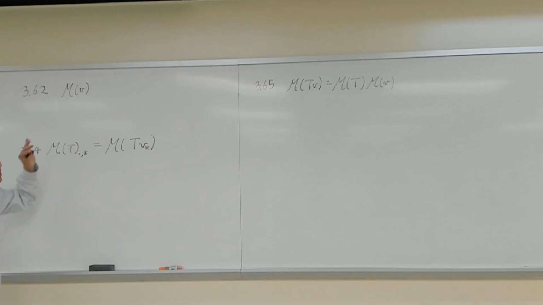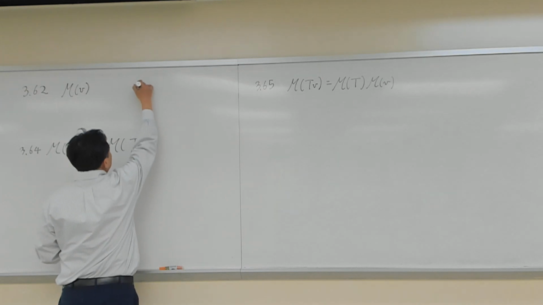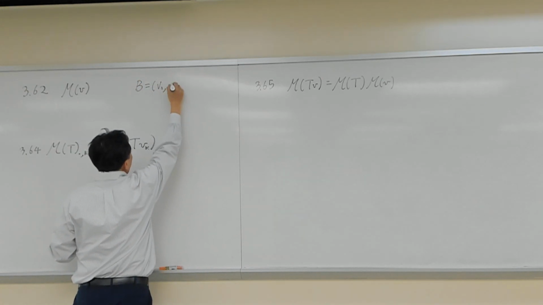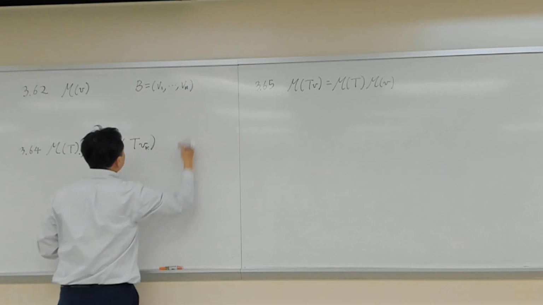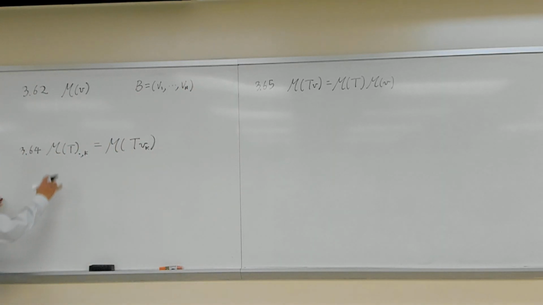All right, so this next part is, again, just a different notation for something that we reviewed earlier in the semester. It's called the coordinate matrix of a vector, right? So if you have the basis B as V1 through Vn, then the M of V, B, and again, this basis B will sometimes be suppressed if it's obvious from the context, or if you want to keep it general, you just suppress this.